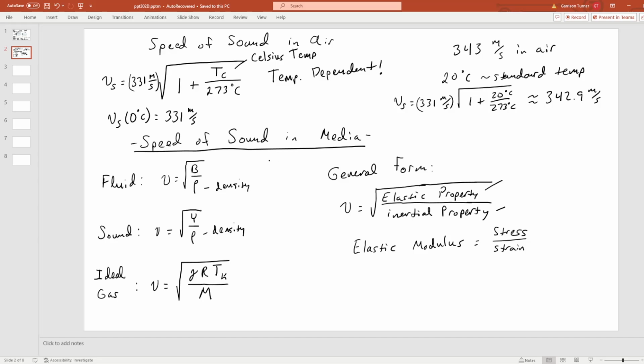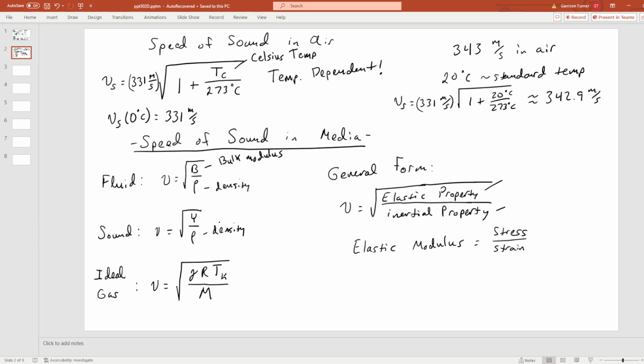Okay, so for fluids, we have what we call the bulk modulus. And your bulk modulus is essentially how a volume of fluid deforms under unbalanced forces.